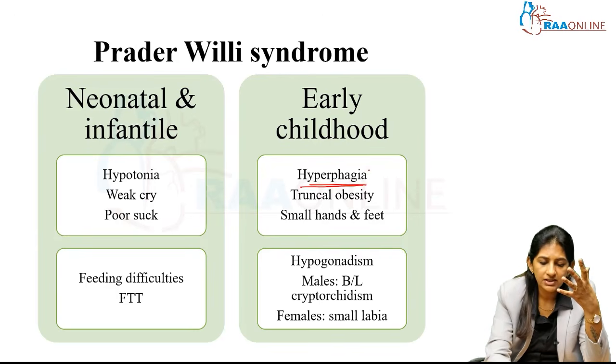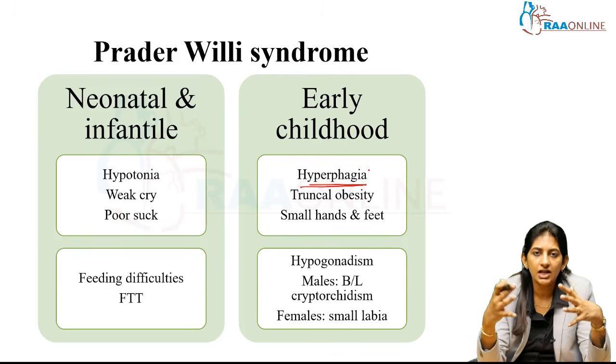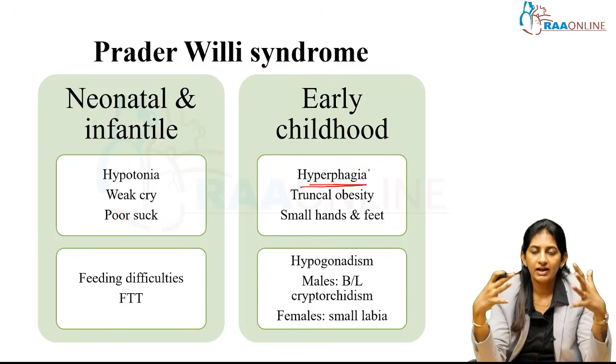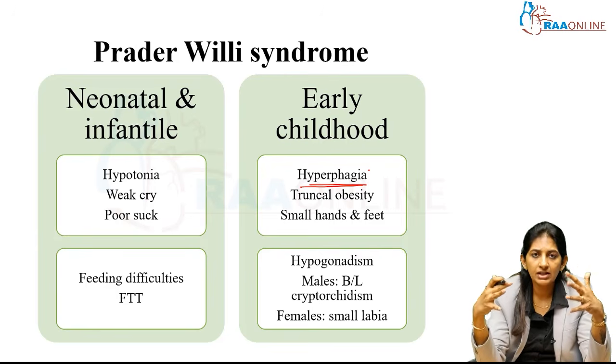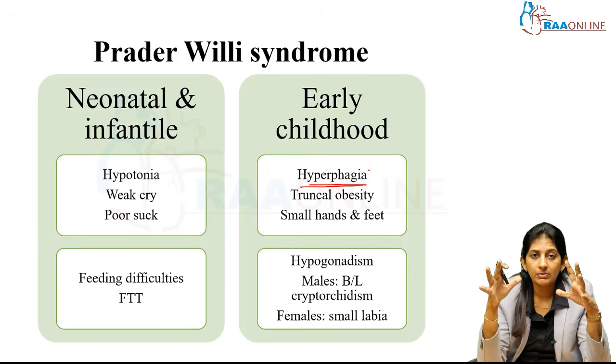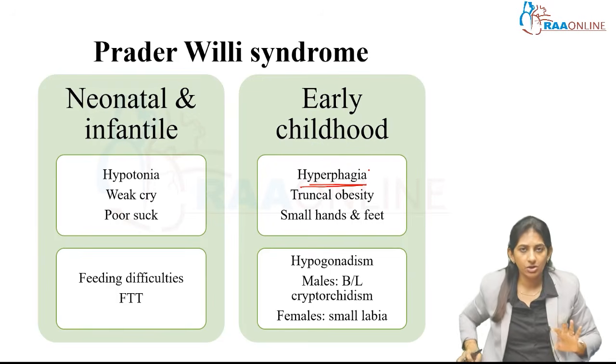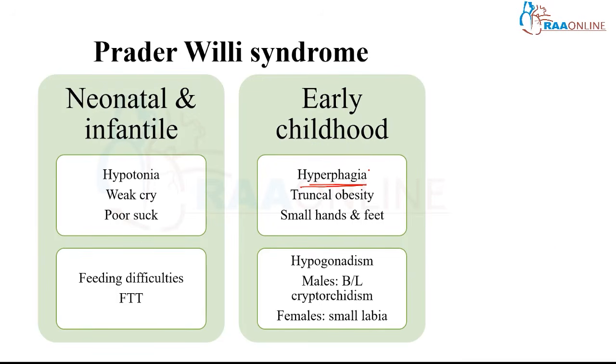So because of this hyperphagia, their weight keeps increasing. They will have this truncal obesity. So although they are short, they'll have huge tummies and short hands, short feet. Hypogonadism will be there. Very small penis, micropenis will be present. Bilateral cryptorchidism will be present. If it is in females, the labia is very, very small.